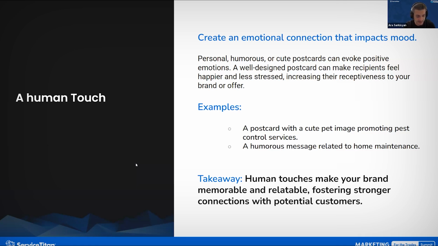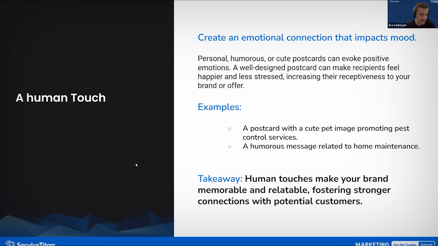A really effective thing we've seen is people just dropping funny bits onto their postcard. And the reason why I mention this is, if you think about how direct mail is consumed, typically someone is coming home from work, or going about their day. They go to their mailbox at a consistent time of day, pull the mail out, and start going through piece by piece, one at a time.